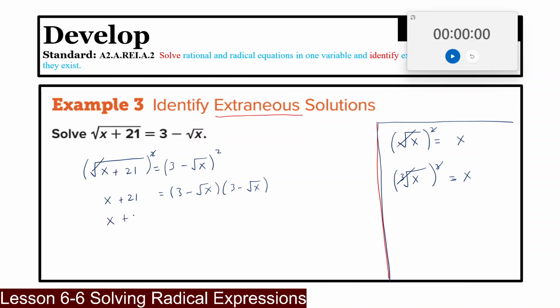We get x plus 21 equals 3 times 3, which is 9. 3 times minus square root of x, which is minus 3 square root of x. Minus square root of x times 3, which is minus 3 square root of x. And minus square root of x times minus square root of x, which is plus square root of x squared, because you're multiplying it twice.